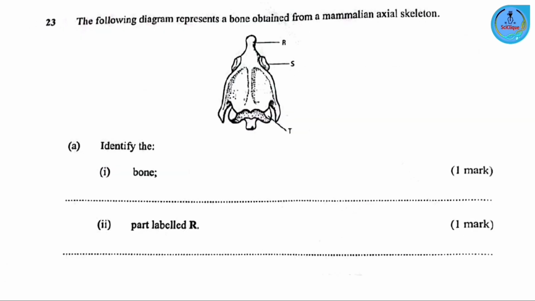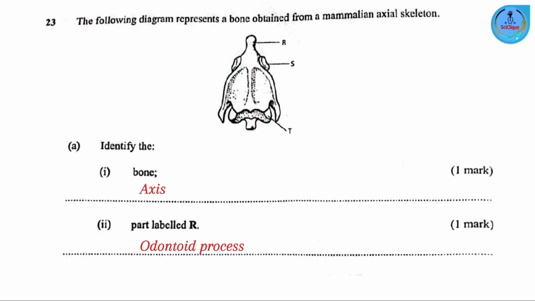Question number 23. The following diagram represents a bone obtained from a mammalian axial skeleton. Part A. Identify the bone. This is the axis. Roman 2. Identify the part labeled R. This is the odontoid process. Okay.